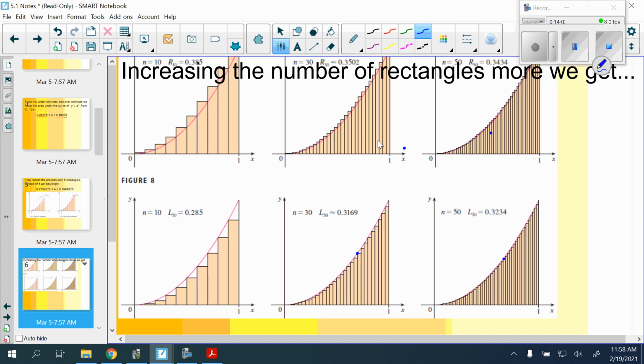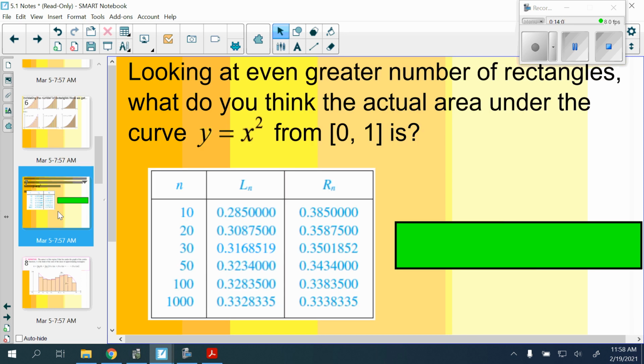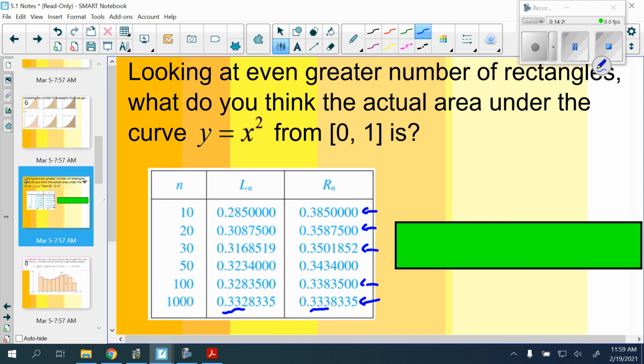So we start narrowing the gap of what that could be. So here's a table of this showing left endpoints and right endpoints. Here's our two estimates at 10 rectangles, 20, they're getting closer. 30, they're getting even closer. Let's jump up. There's 100. Now that's even closer. What if we use 1,000 rectangles? Well, now you can see these numbers are starting to get very close to each other.